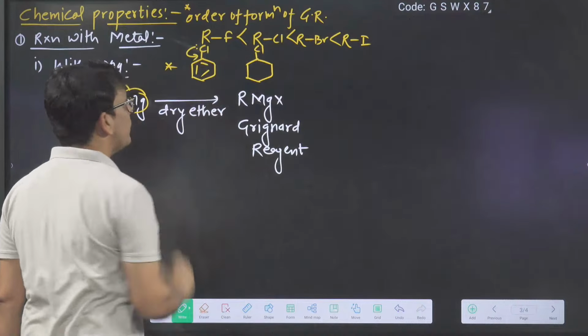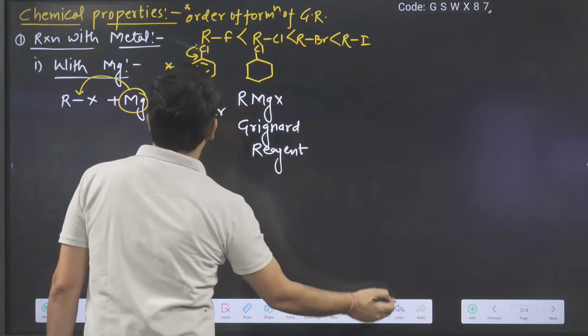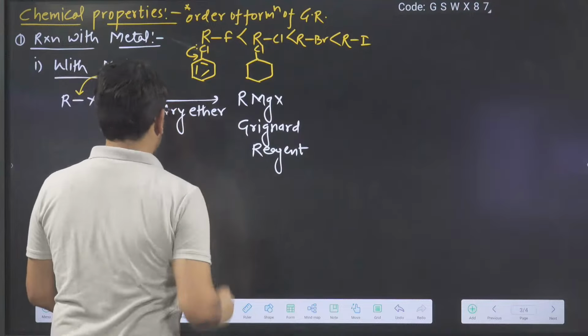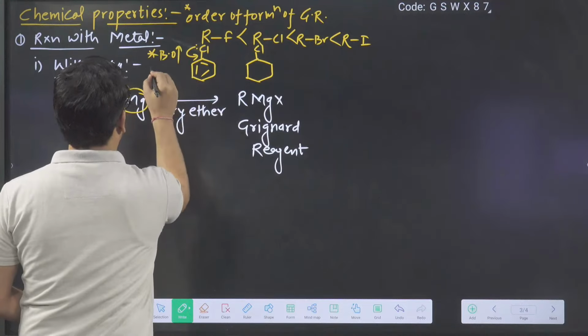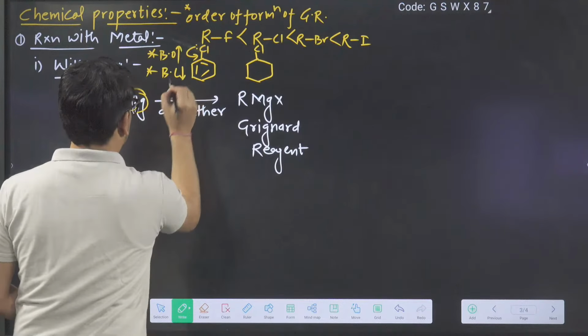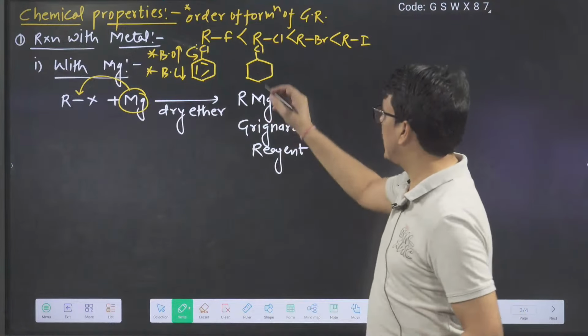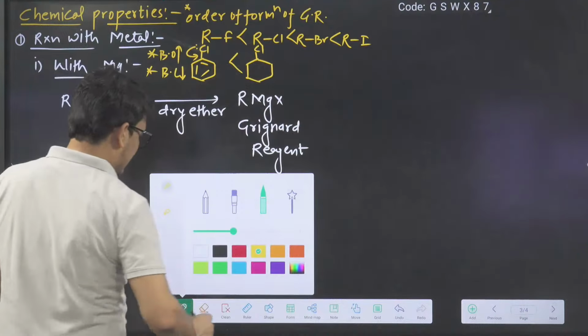Here partial double bond character or not. Its bond order increases due to resonance. And if its bond order increases, then its bond length decreases. So in which case is this one easy to insert? The second one. First part clear to everyone, yes or no? Grignard reagent, yes or no?